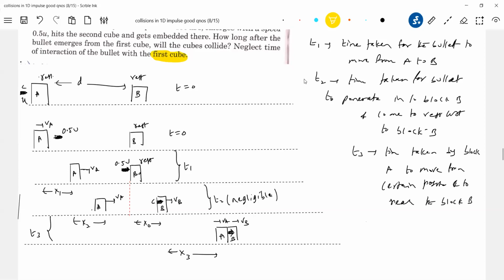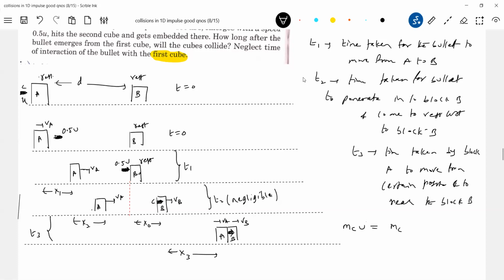Okay, so all right, conservation of momentum, and the rest is all writing equations. They're all the basic ideas. Let's write one by one the whole set of equations. First, between the bullet and block A. So m_c u should be equal to m_c into 0.5u plus m_A into v_A. I'll write all the equations, you solve later on.